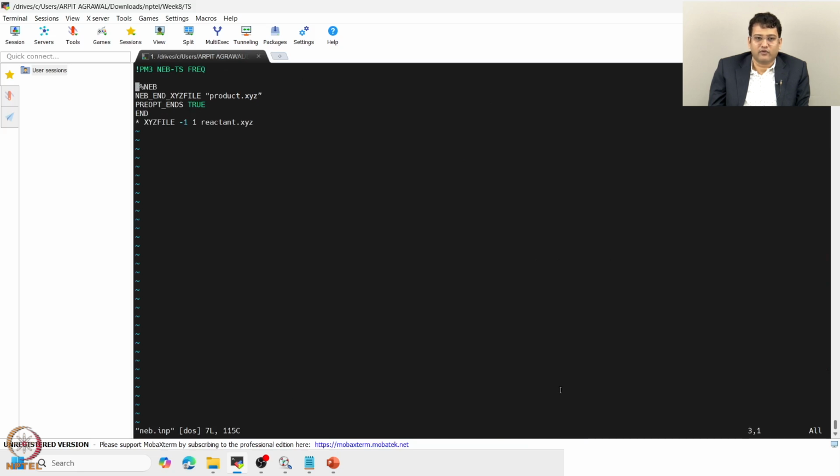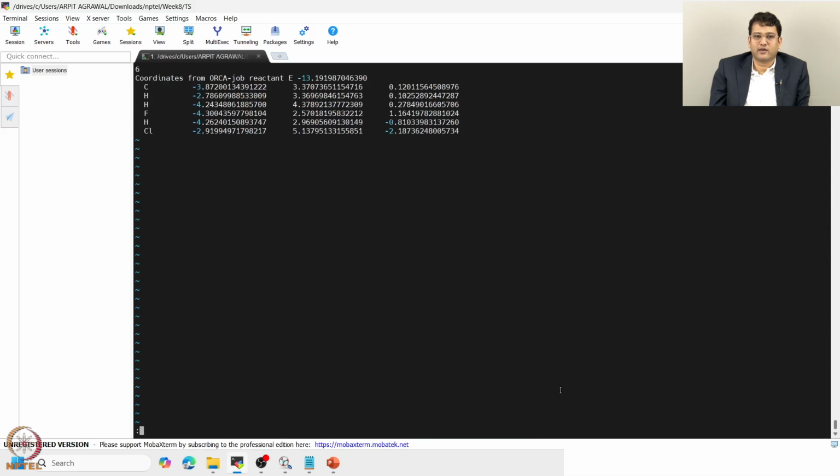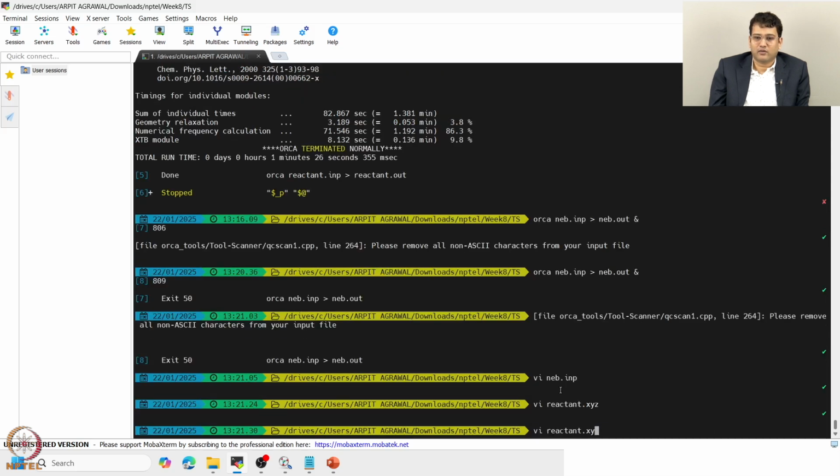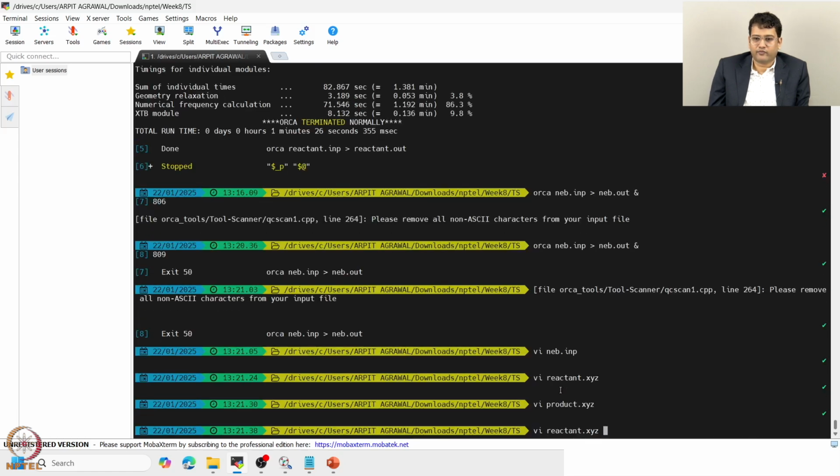I don't see any of it, although. So this is called a VI editor. I am just making sure that there is no non-ASCII character. Both of them look fine.